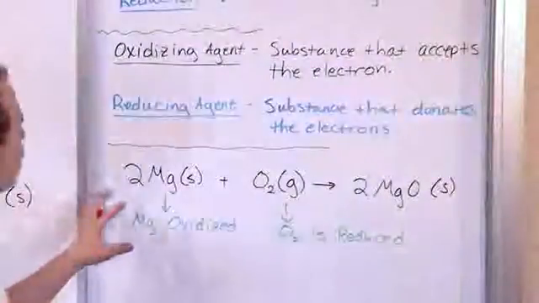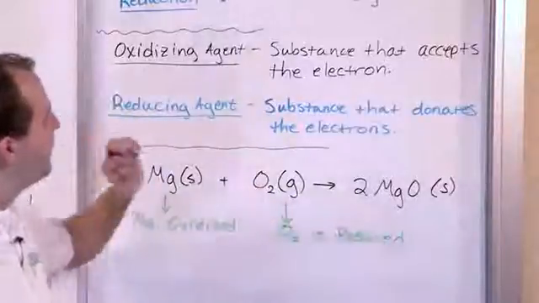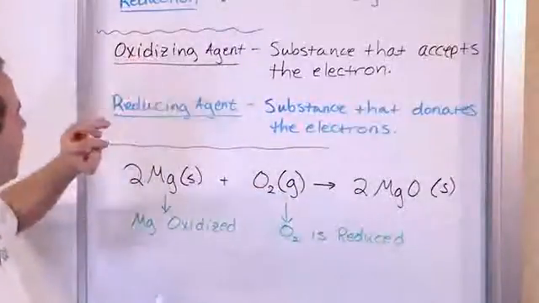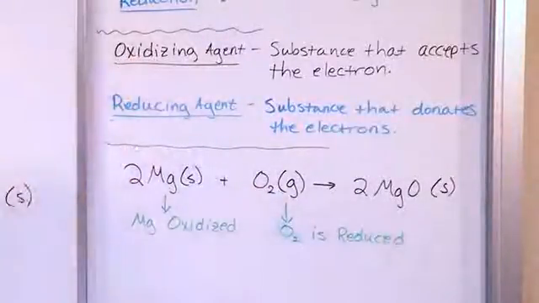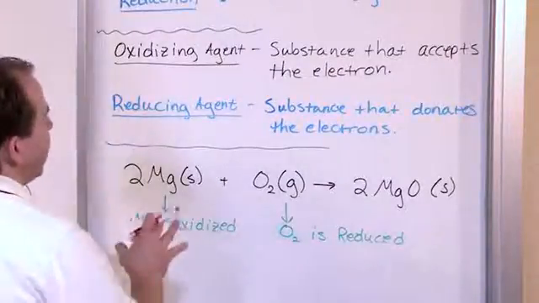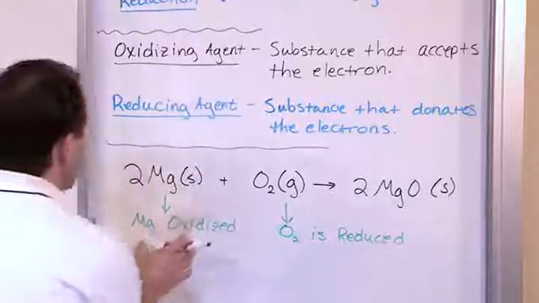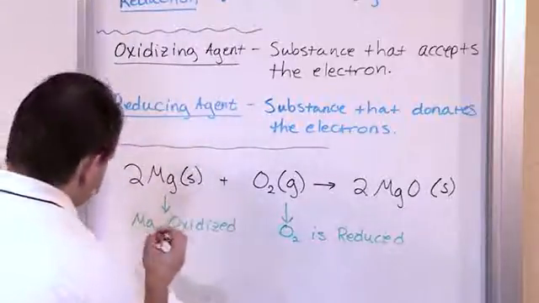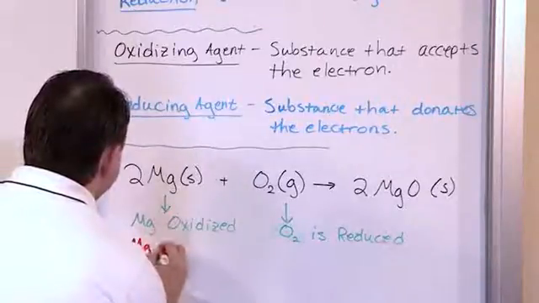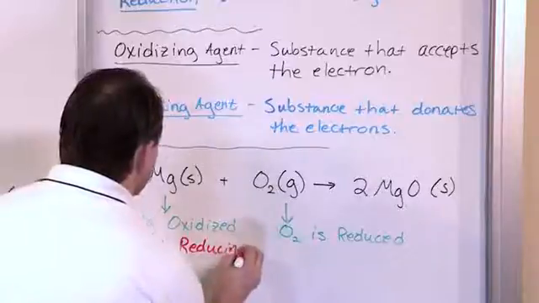All right, now that we've identified in the reaction what is being oxidized and what is being reduced, let's see if we can figure out what is the oxidizing agent and what is the reducing agent. You can use your definitions, that's fine, but really the shortcut is, if you know what's oxidized, then magnesium automatically is the reducing agent.